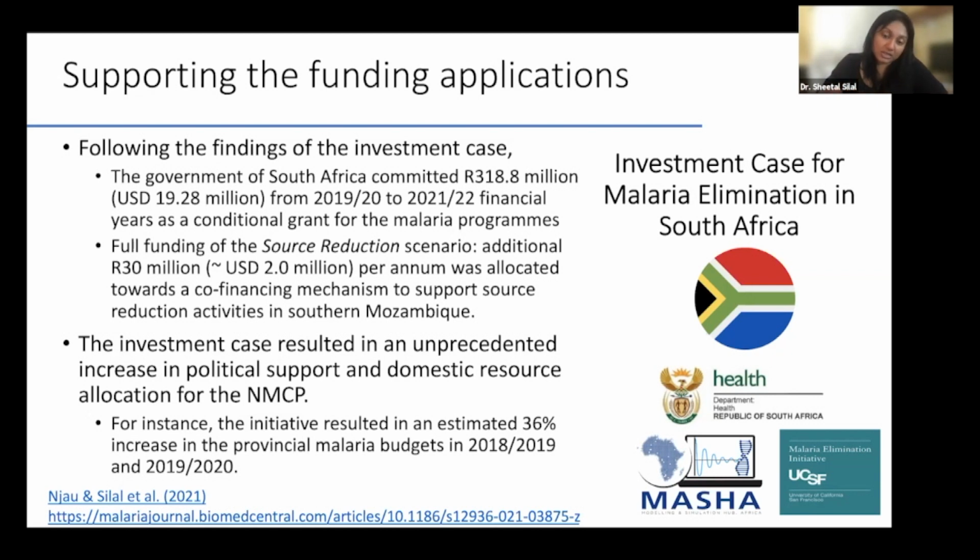And that is because the modeling team worked with the government to develop these internal funding applications, and to submit them way before we even thought about publications and final reports. So often when you're working with policymakers, you don't worry about the academic needs of publication and writing project reports.